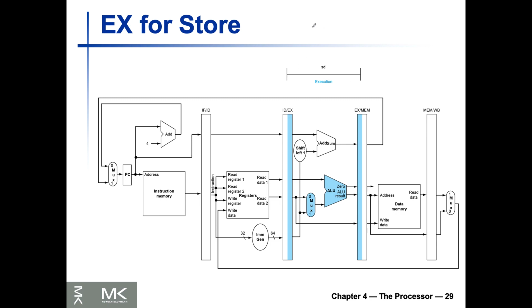So that's the X stage. For store, now the operation is store. Unlike the third stage of the load we just saw, the second register value is loaded into the XMEM pipeline.